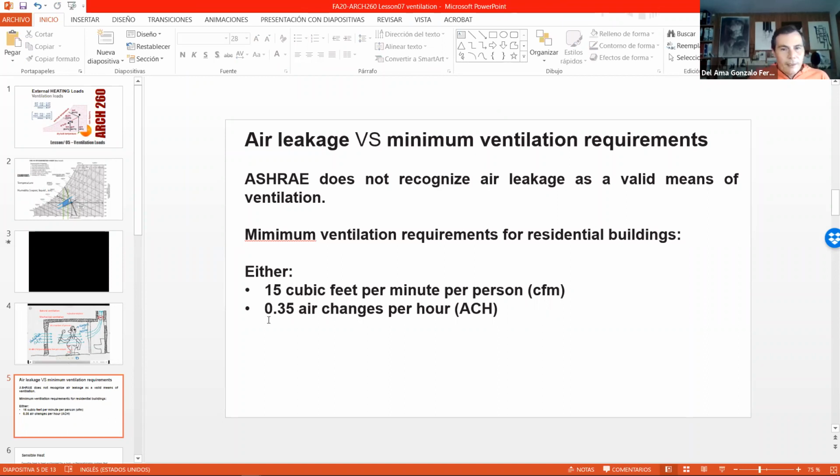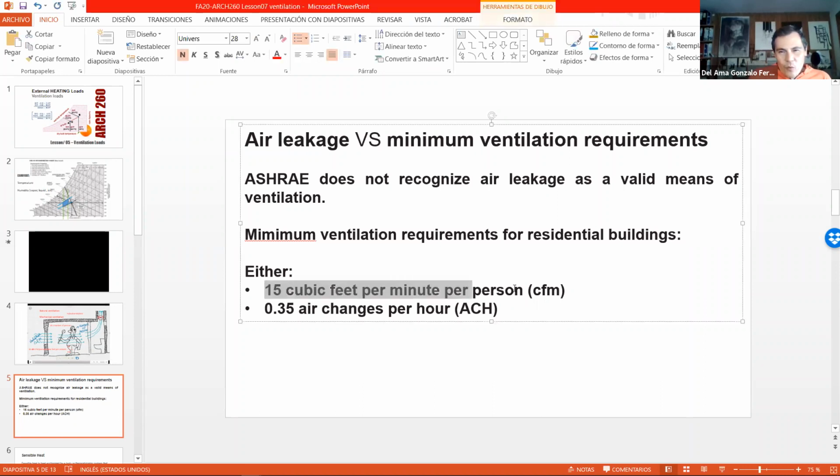Anyway, we are going to work with CFM, cubic feet per minute. I think it's more popular, because everybody understands CFM, and most of the regulations that I have been studying refer to CFM. But first we have to become familiar with both magnitudes.